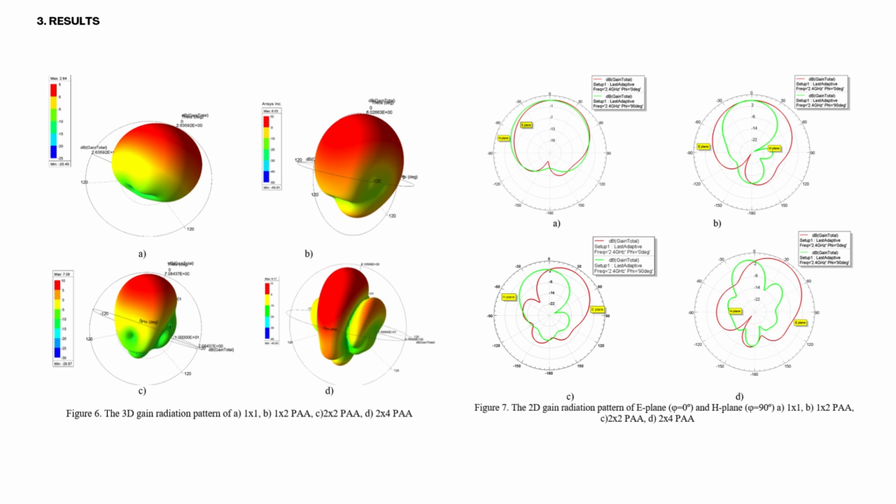The gain and directivity values of SPA reached 2.64 dB and 5.96 dBi of directivity, respectively. In the case of the two-element PAA configuration, we obtained a substantially strong gain of 6.03 dB and directivity of 8.8 dBi.